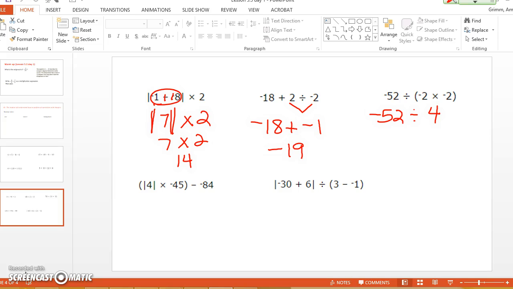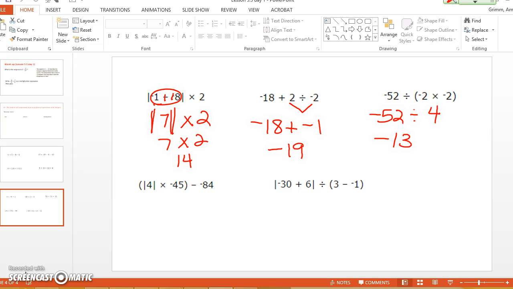Good. Okay, here's how I do it. How many times does 4 go into 40? 10, right? And how far is it from 40 to 52? It's 12. So how many times does 4 go into 12? 3 more, right? So that would be a total of 13. For those of you guys who are good at mental math, that's how I would break that down.